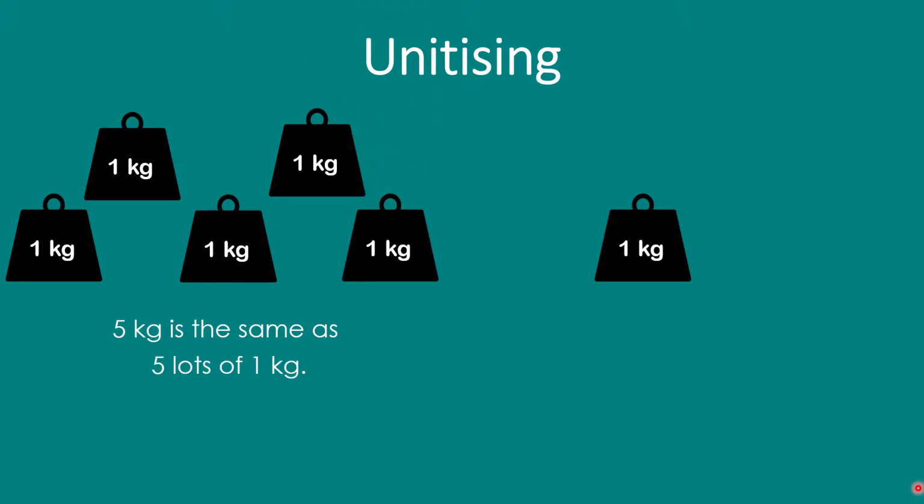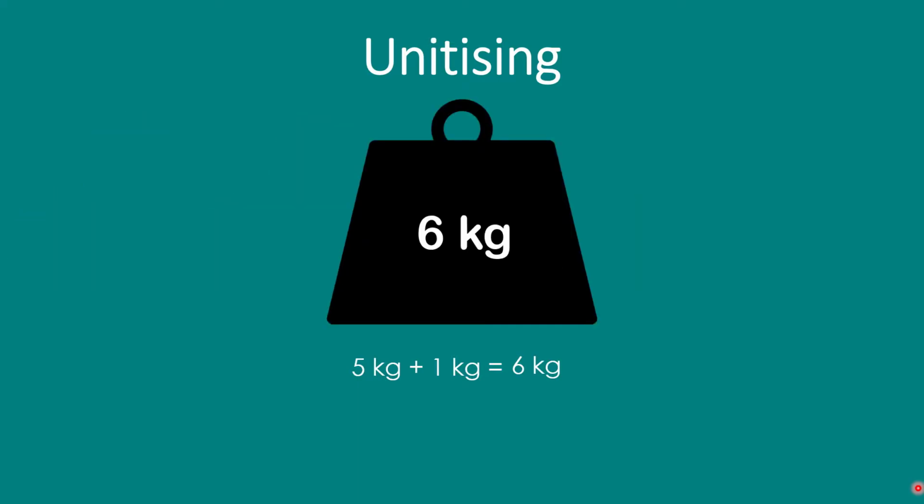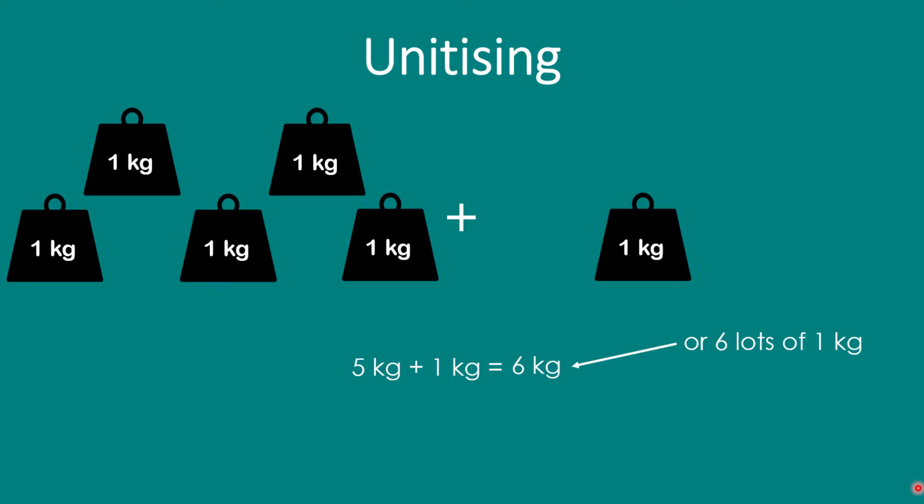And 1 kilogram is the same as 1 lot of 1 kilogram. Now, what if we were adding these amounts? What would we say? 5 kilograms plus 1 kilogram is equal to 6 kilograms. You could imagine it like this, or as 6 lots of 1 kilogram.